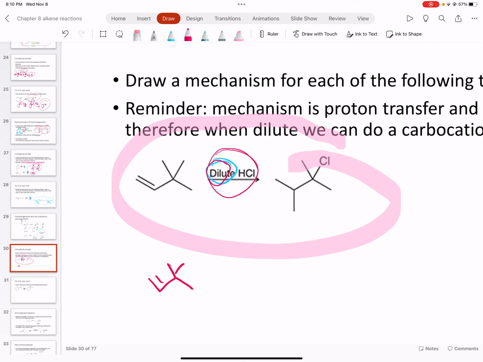We're doing our proton transfer first. Hydrogen will go to the least substituted, and then chlorine to the most substituted. So in here I will get a positive right here, and then I have my chlorine negative in here.